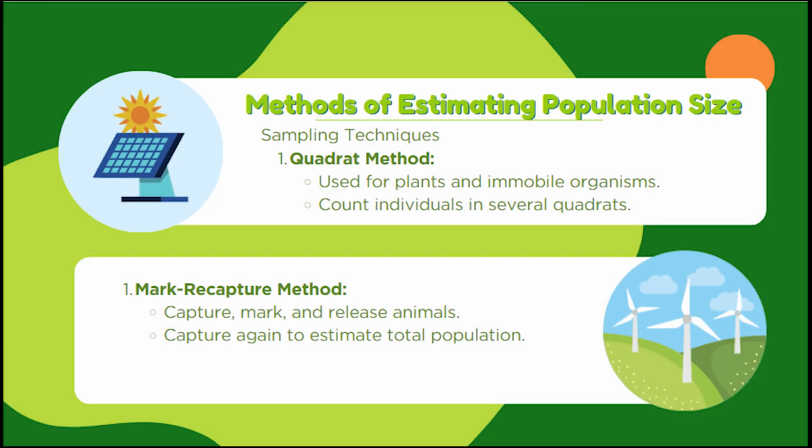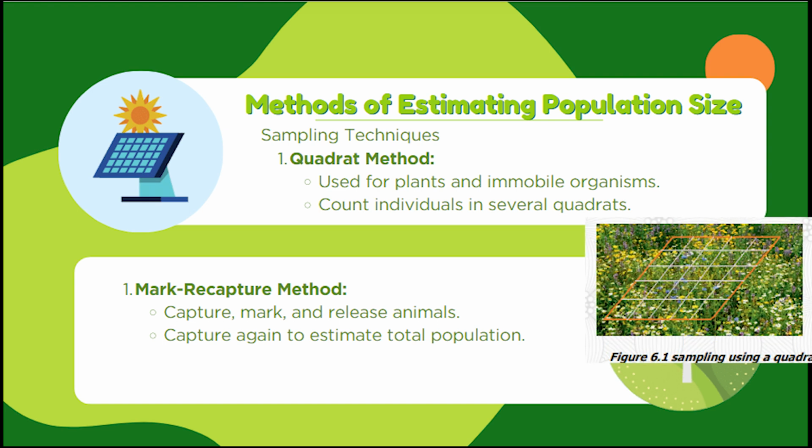But how do we estimate population sizes in the wild? Here are two common methods. The first one is the quadrat method, often used for plants or immobile animals like snails. Scientists place square frames, or quadrats, on the ground and count the organisms inside. Then they use averages to estimate the whole area.